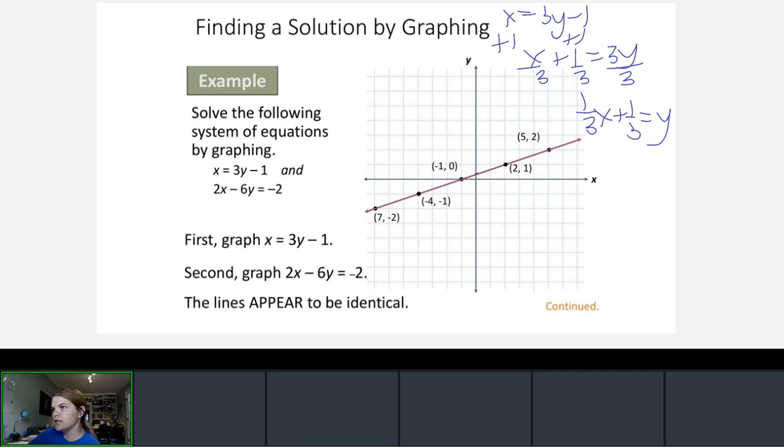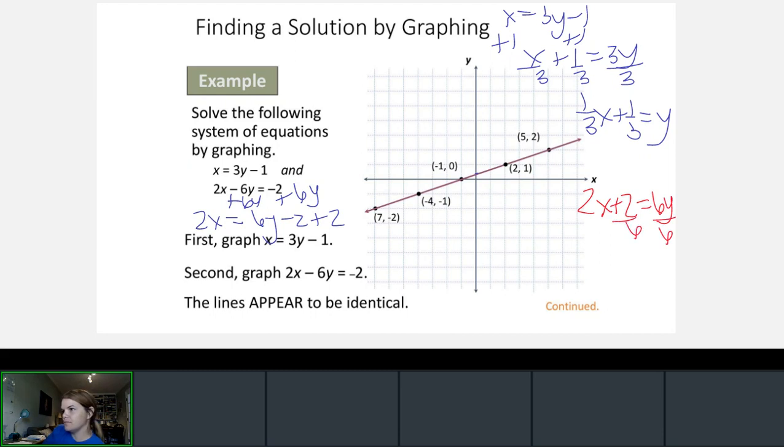Okay, when I do this over here, if I go ahead and solve for y, if I add 6y to both sides, I get 2x equals 6y minus 2. So I add 2. So I get 2x plus 2 equals 6y. I'm going to divide everything by 6.